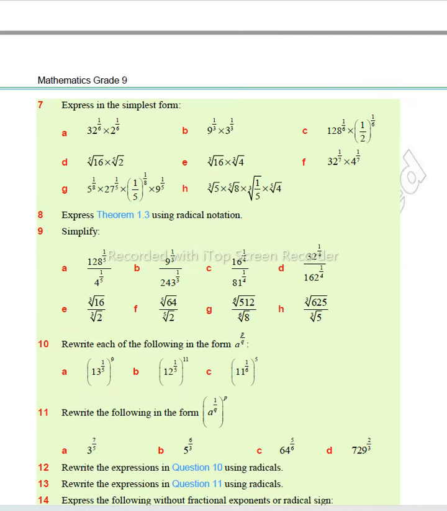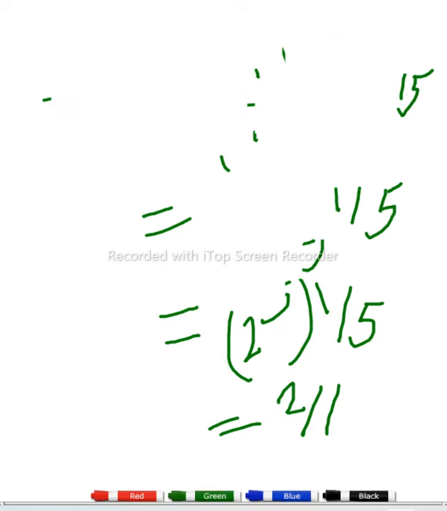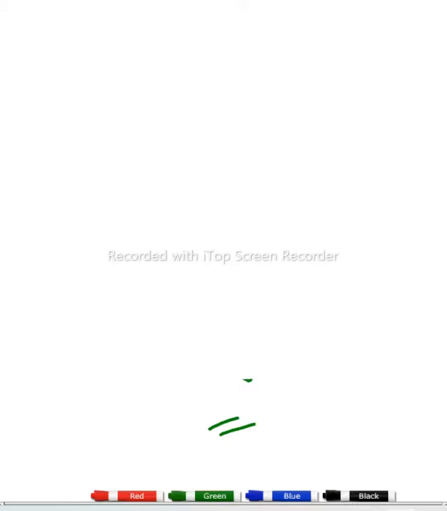Let us jump again since both are the same. Let us do C. C says that 60 the power of 1 over 4 over 81 the power of 1 over 4. Since they have the same exponents, we can take 1 common exponent for both.